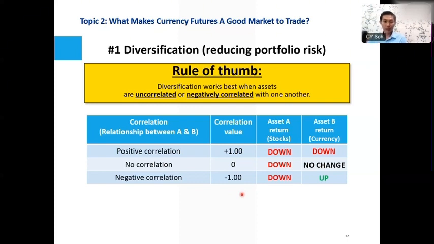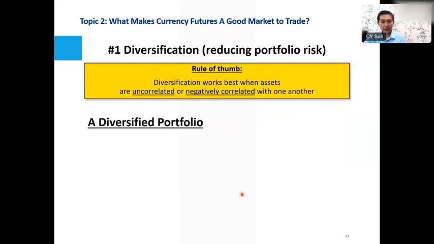So there are two things you want to add into your portfolio: an uncorrelated asset as well as a negatively correlated asset, so that you gain a diversification benefit.